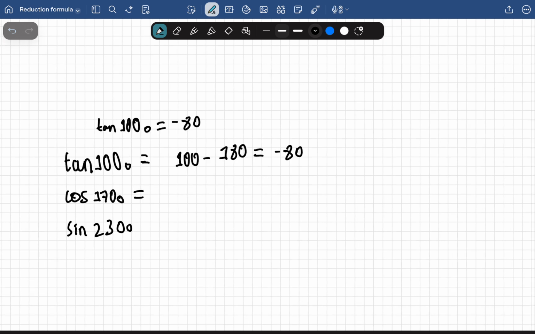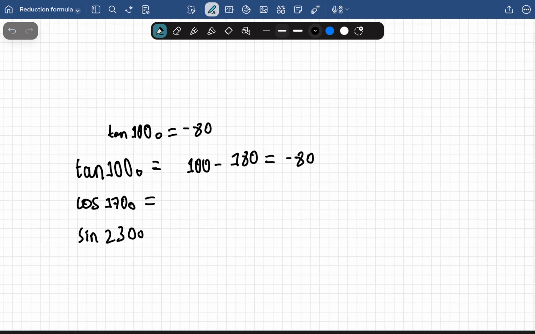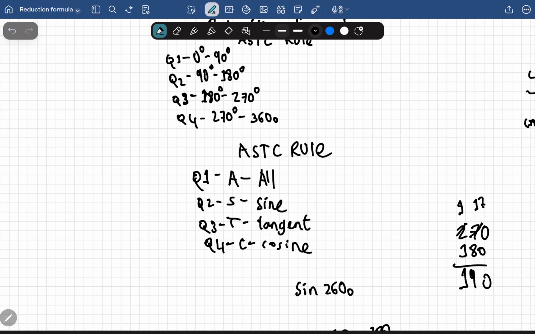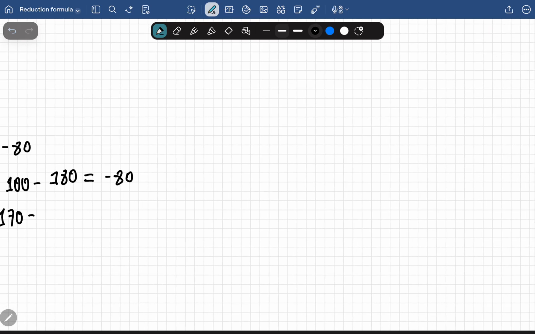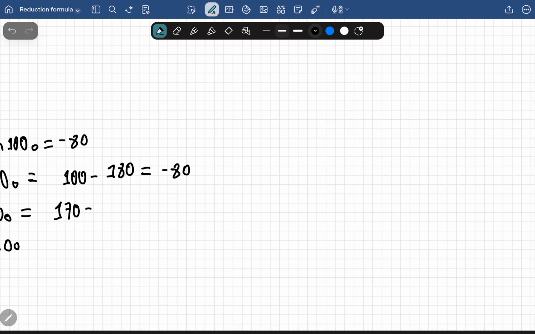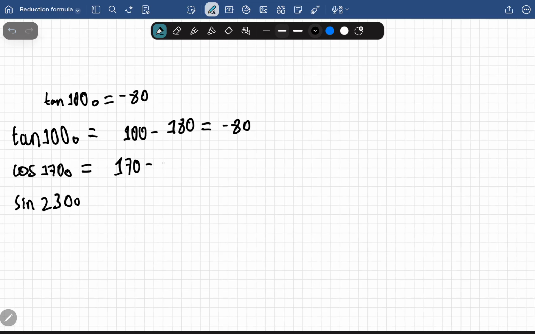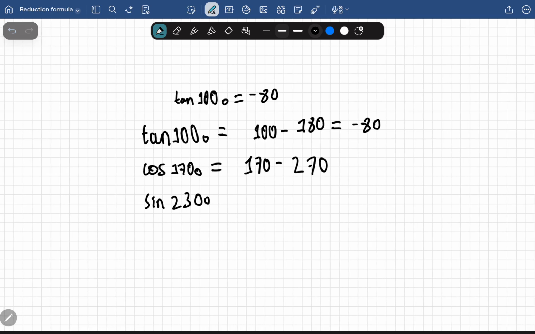Here we go, do it again. 170 minus what? 270. Yeah, come on. Now that should be 100. So negative 100.